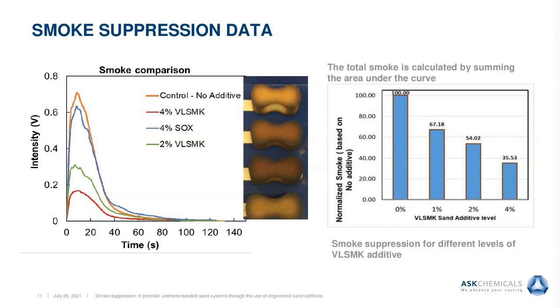When you do the normalization, you can see at 0%, you had 100% total smoke. As you increase the amount of sun additive, you see a decrease in that total smoke. To determine the smoke suppression, you do 100% minus this number. That will give you your smoke suppression.